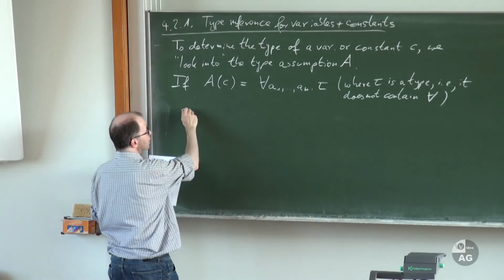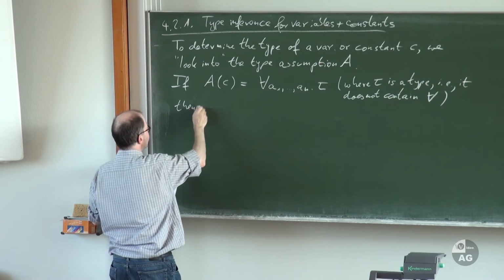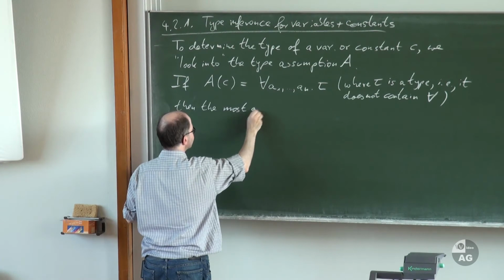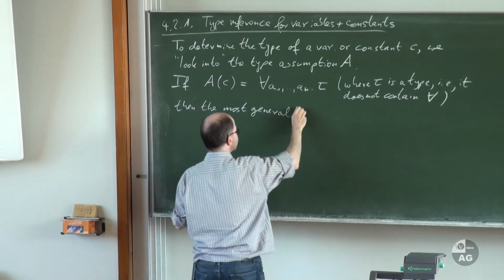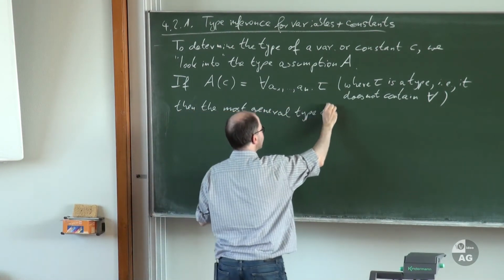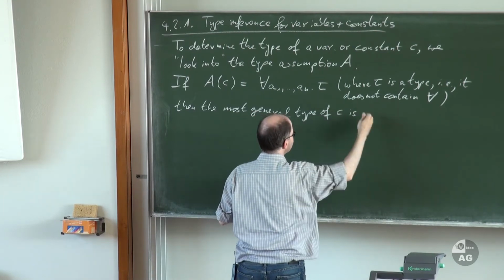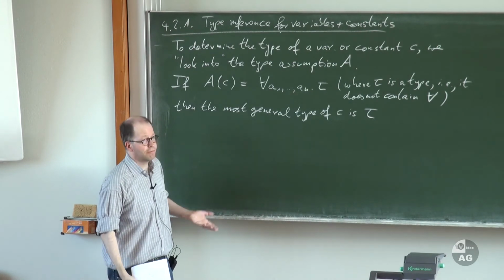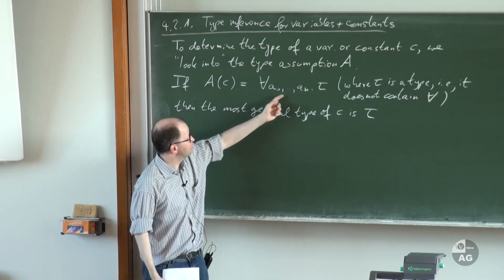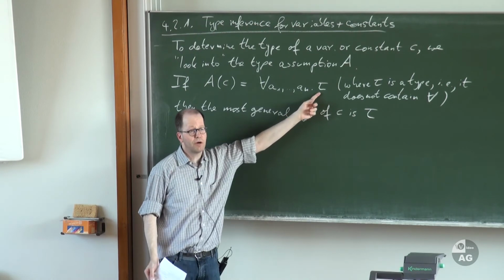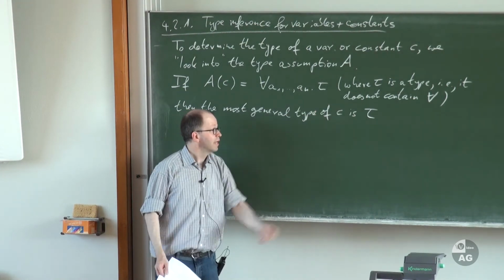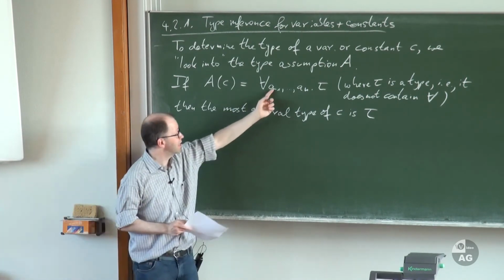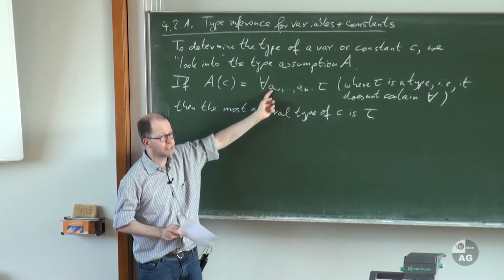Then the most general type of C is, well, it's tau. But if we leave it like this, then these variables A1 to AN could occur in tau. Most likely they do occur in tau. And we don't want to raise any conflicts, because maybe we use the same names for type variables elsewhere as well.